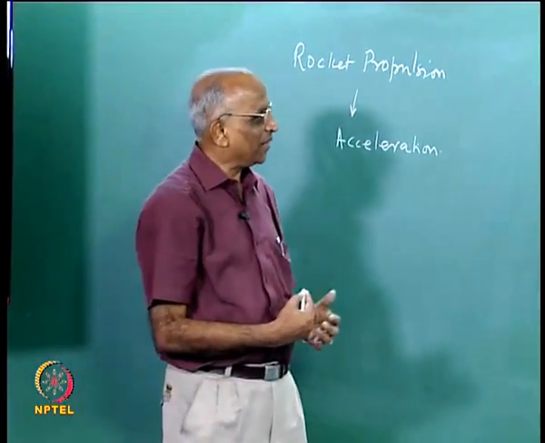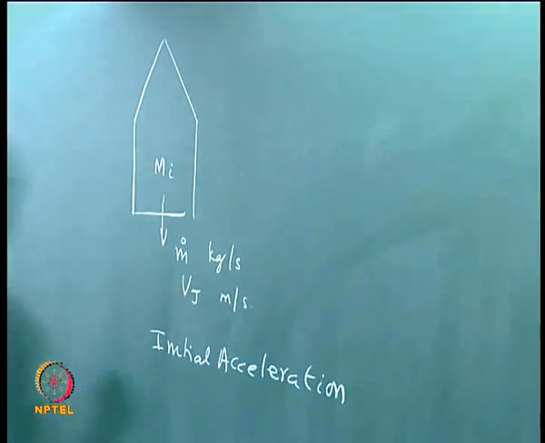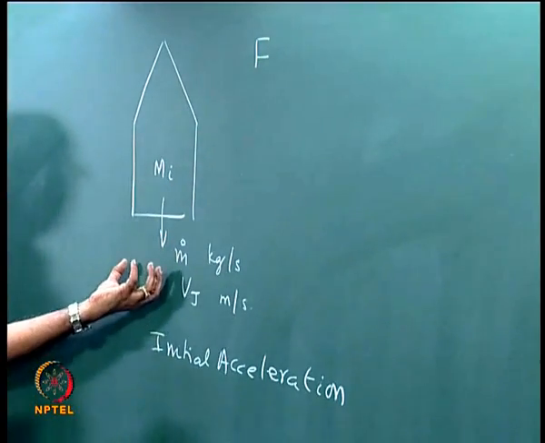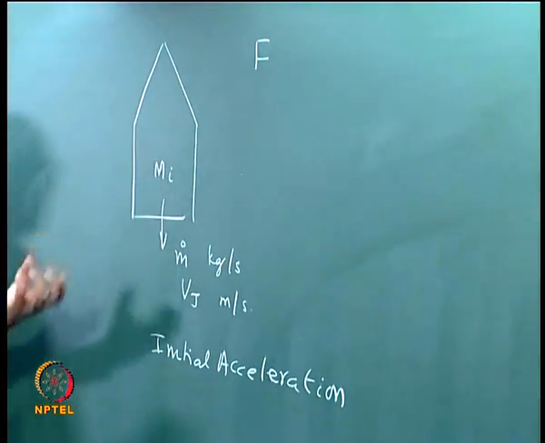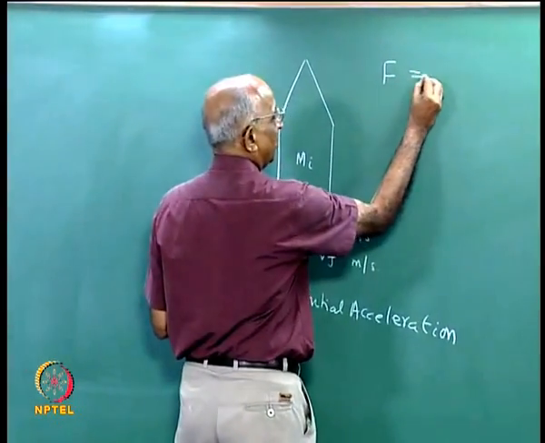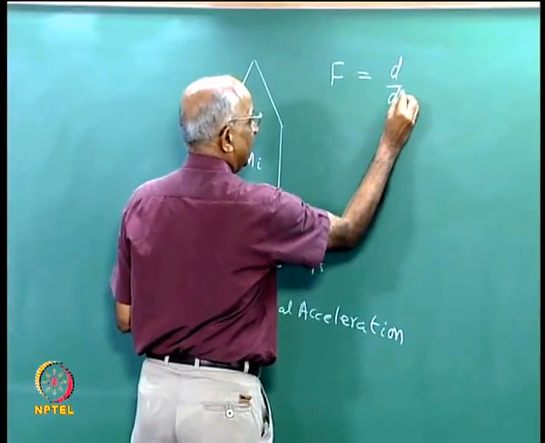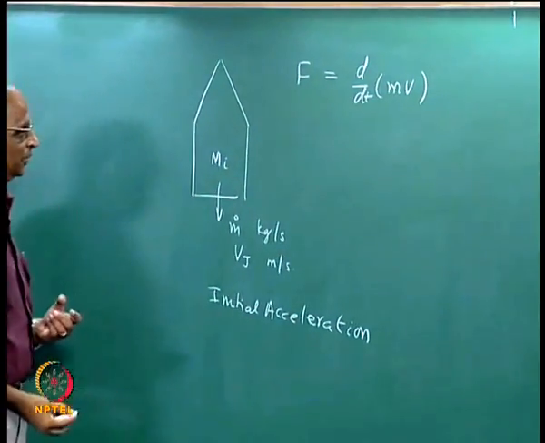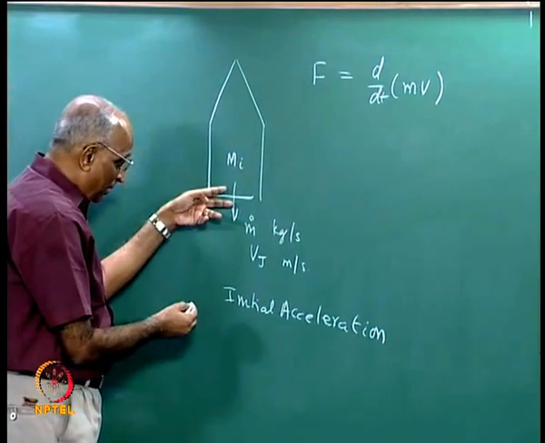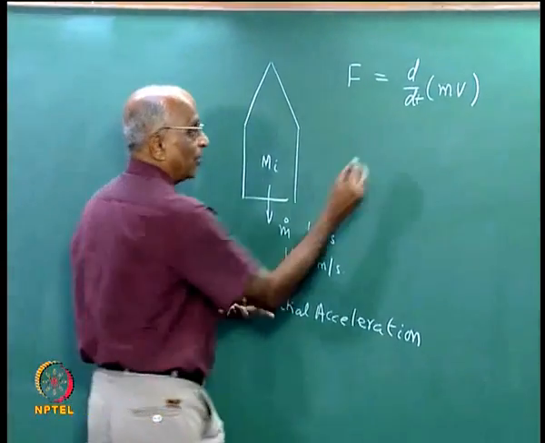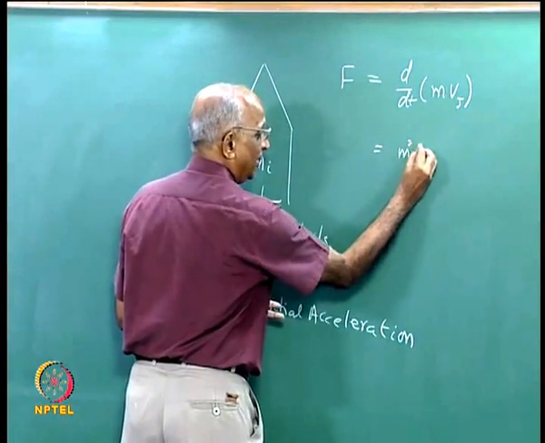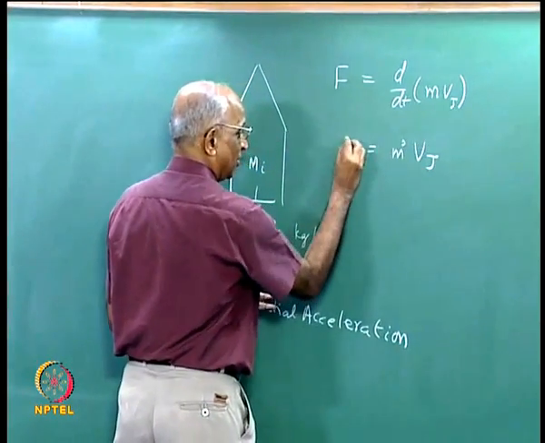You will recall in the last class we told ourselves that the thrust with which a rocket is pushed up is equal to the rate of change of momentum, d by dt of mv, and here the momentum is mVj, therefore it is equal to m dot into Vj, which is the thrust.